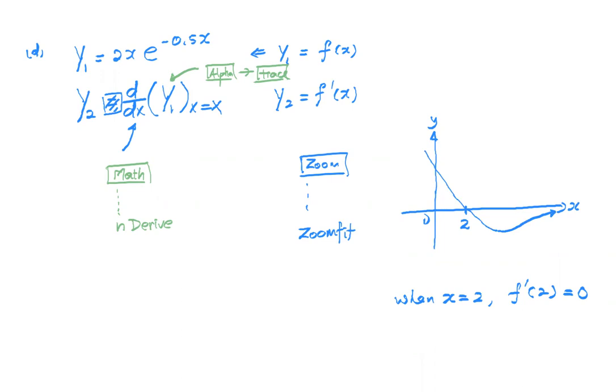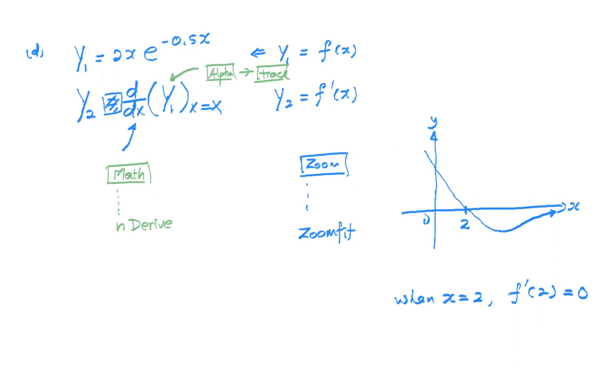Does it look like this? No, when you do a zoom fit, you don't get it like that. If you did, let me have a look. So I exaggerate my graph.